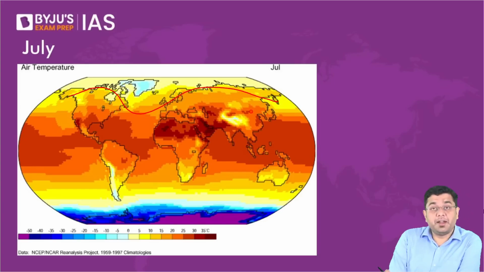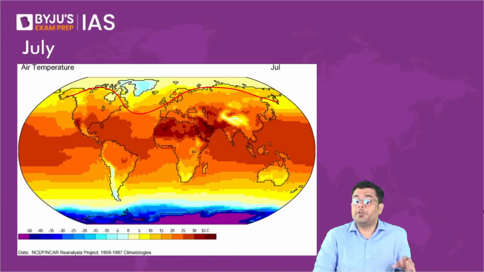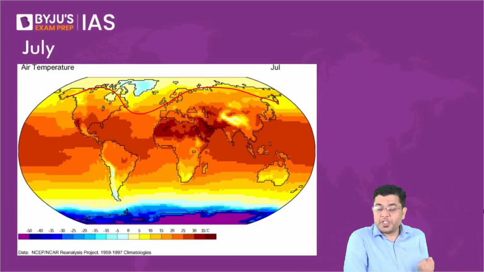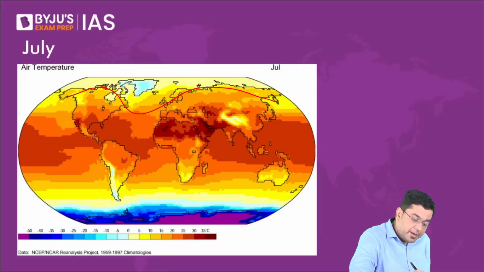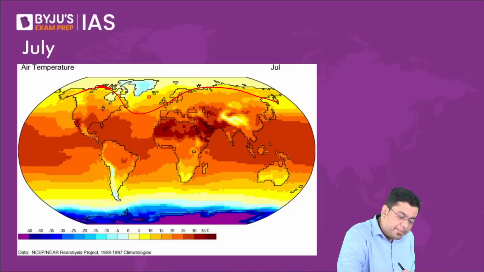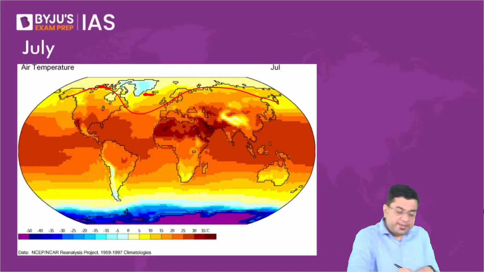Land areas will be significantly warmer, whereas the water bodies, they are colder, isn't it? So if I have to draw an isotherm during these months, it will very much dip. While we are talking about the region of the oceans, very much it will dip ever so slightly, because the temperature will be higher as compared to the temperature here, isn't it?